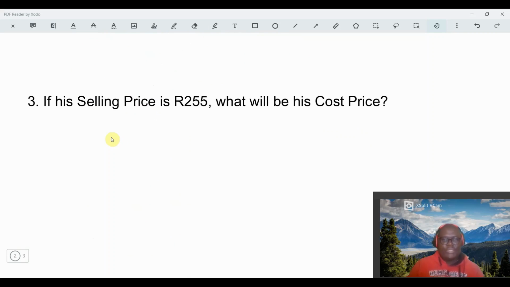So now we will have to remember our formula again. Put the information that you have. You know that your selling price from here is R255. Let me just erase quickly.